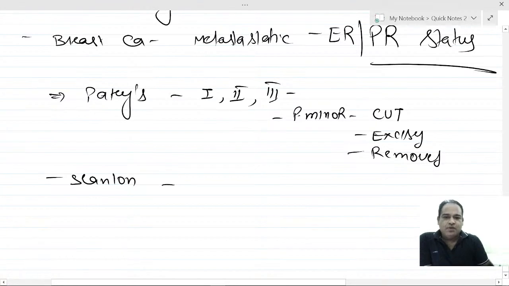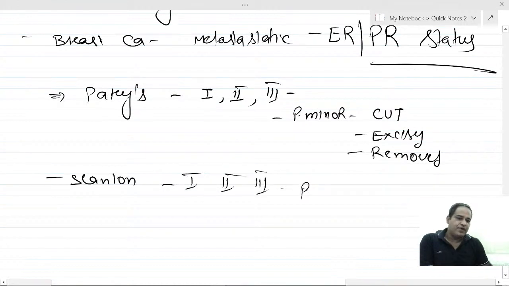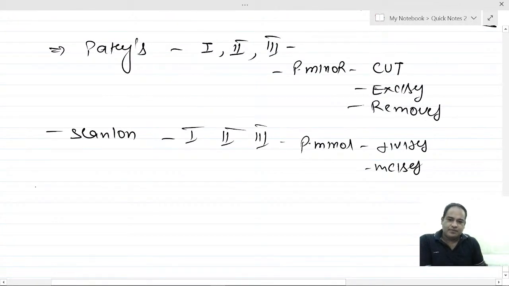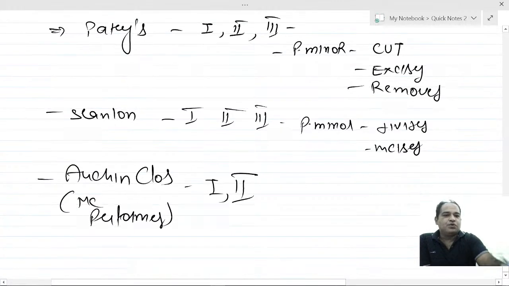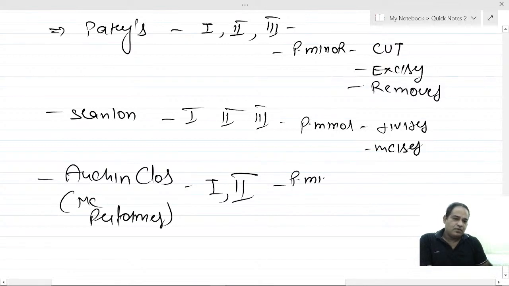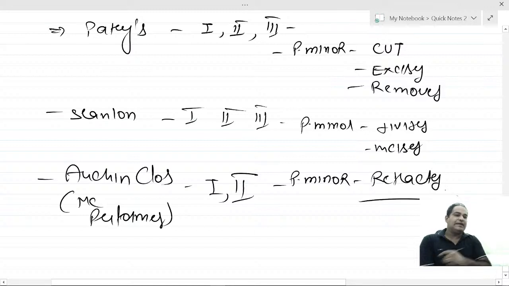Scanlon, we remove level 1, level 2, level 3, and pectoralis minor is just divided, incised. Auchincloss, most commonly performed, we remove level 1, level 2, and pectoralis minor is just retracted.